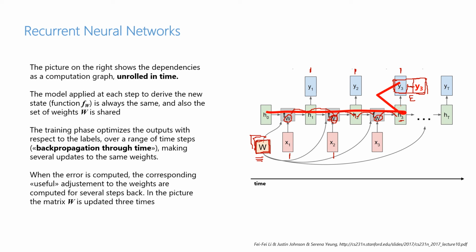The second one is that from this comparison at time step 3, we can go back and update the weights and improve the state calculations for time step 2, 1, or 0, and for longer time frames, we can go back many steps.